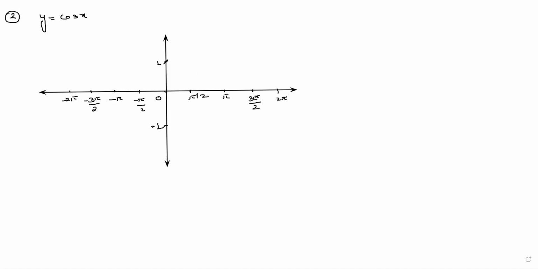For cos, at 0 degrees the value is 1. For pi by 2 the value is 0. For pi we have -1. At 3 pi by 2 it is 0, and at 2 pi again 1. So again we have this. This is the graph of cos x.